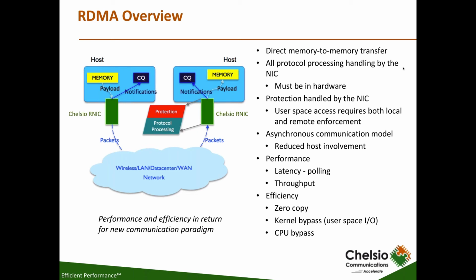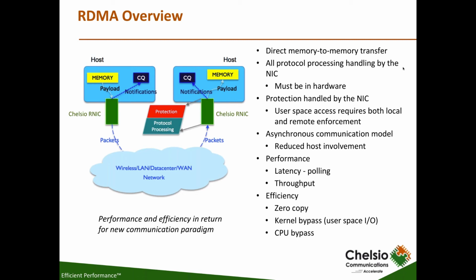RDMA stands for Remote Data Memory Access. It is essentially a way to move data from machine to machine using the hardware of the RNIC, and we use the term RNIC to indicate that it's not just the NIC, or Network Interface Controller. By using the RNIC, it barely uses any of the CPU to move all this data.